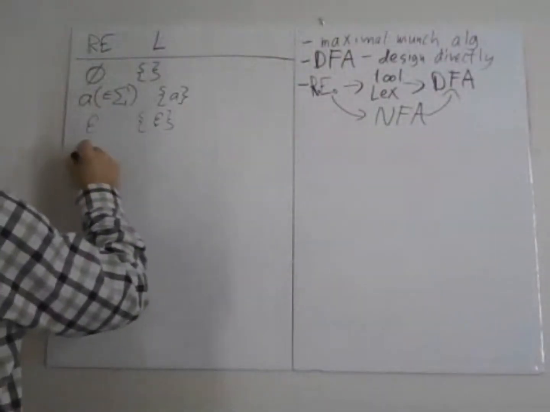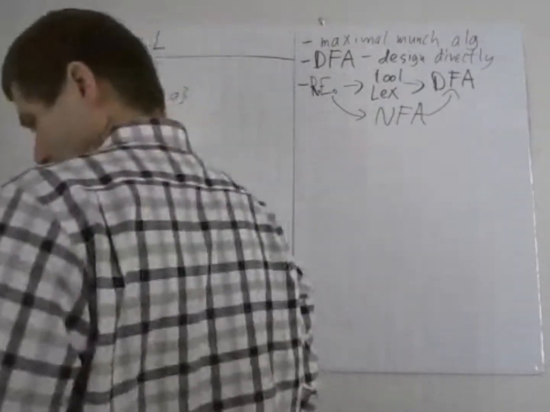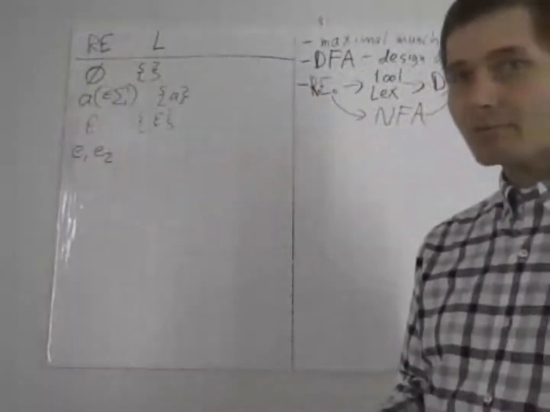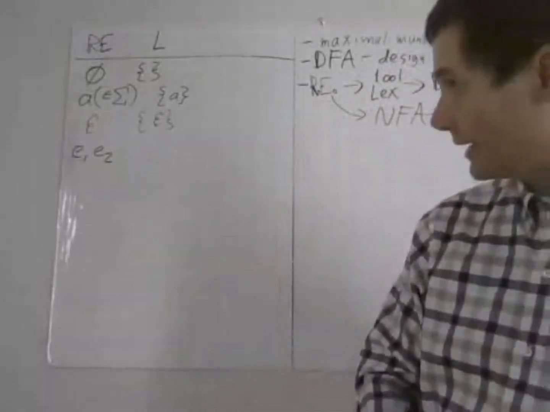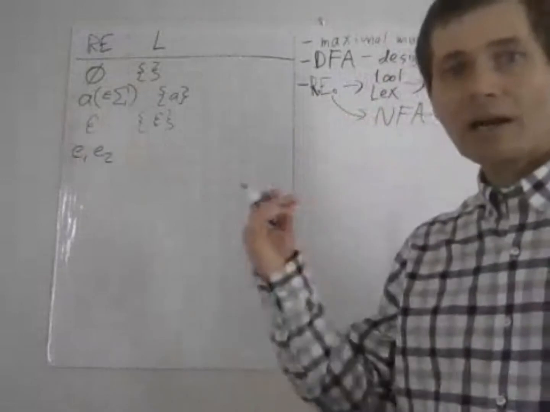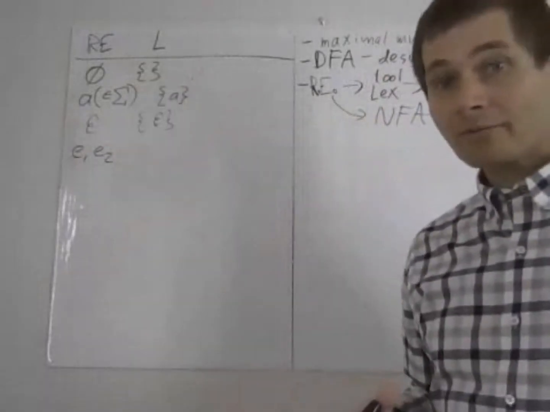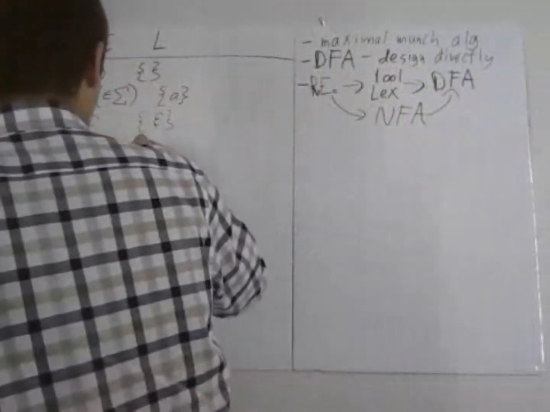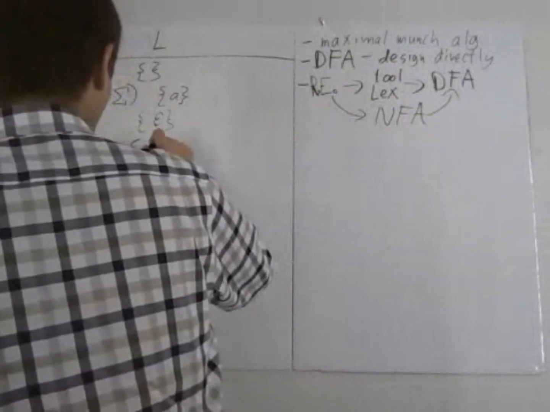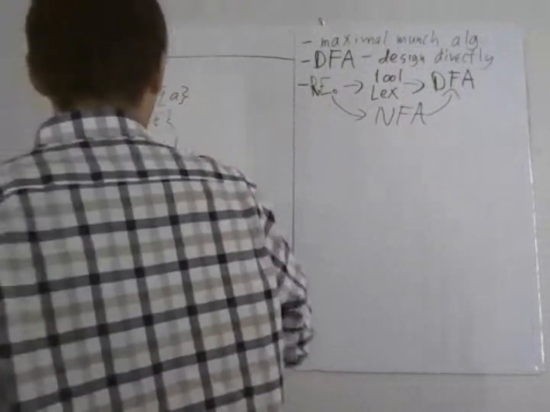But now if I have 2 regular expressions, E1 and E2, then I can write those 2 regular expressions one after the other, and the result is also a regular expression. So this is how I can generate bigger regular expressions out of smaller ones. And the meaning of this regular expression is a set that contains all words x, y.